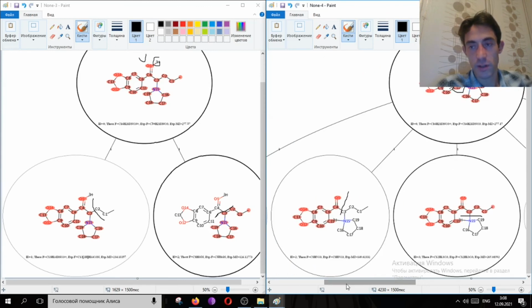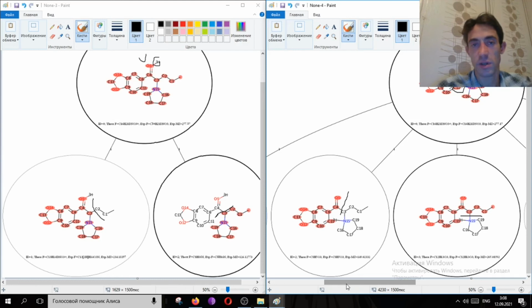So this is a demonstration of how, using PyFragMS, it is possible to investigate real fragmentation pathways and how it can be used for creating a data set of correct fragmentation pathways.